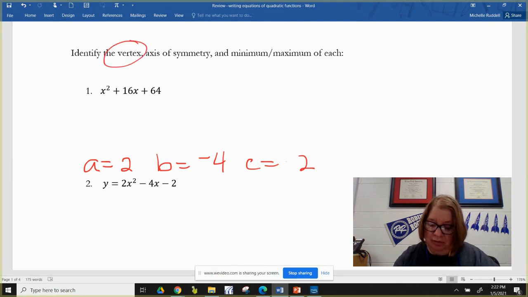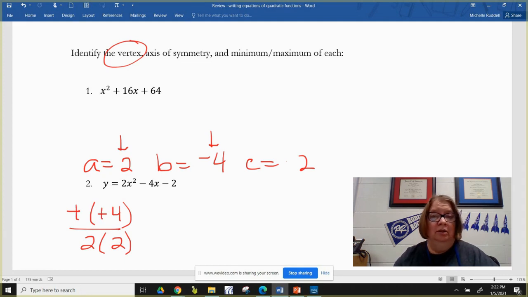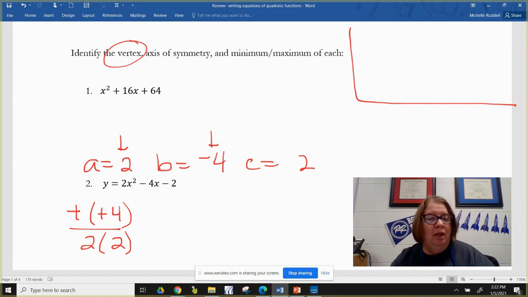To find the vertex, we need negative B over 2A. Here's the A, here's the B. What happens to negative, negative? It becomes plus, plus. That's just my little webcam box, so I know not to write up there. 4 divided by 4 is 1.